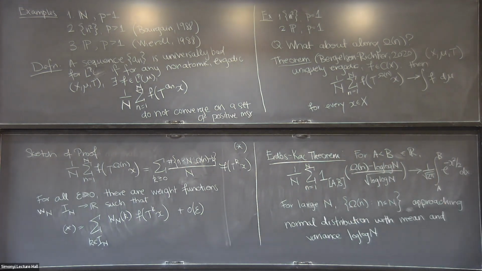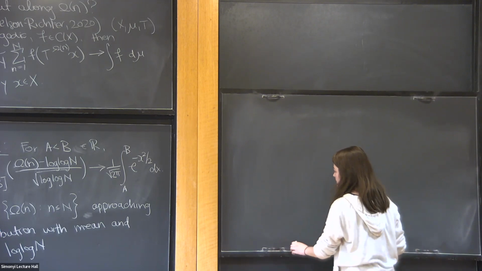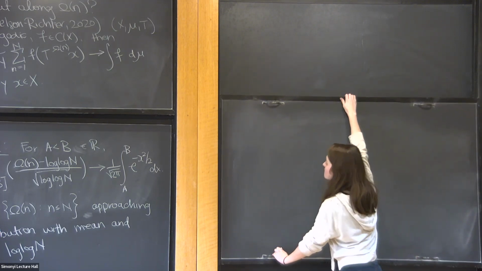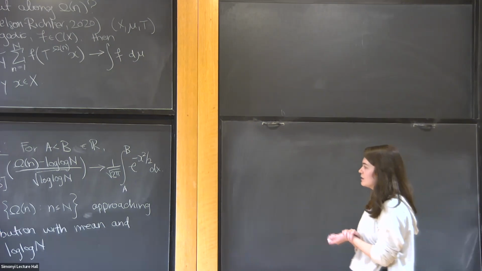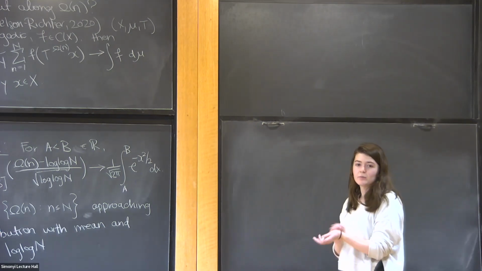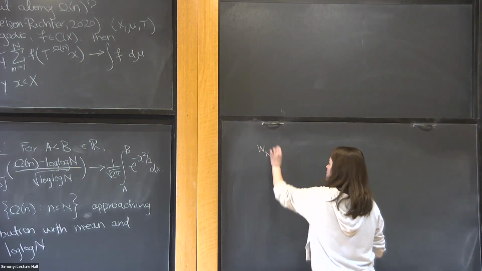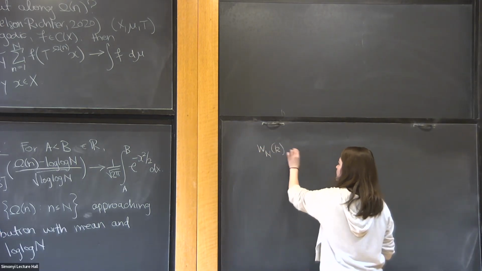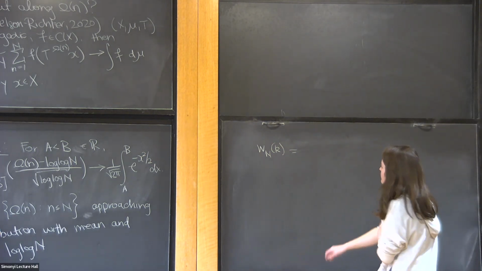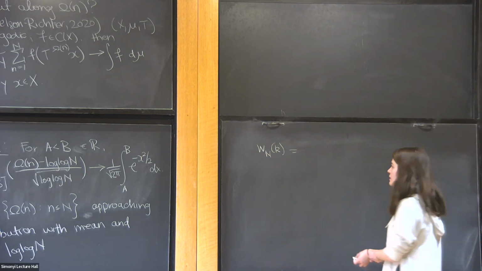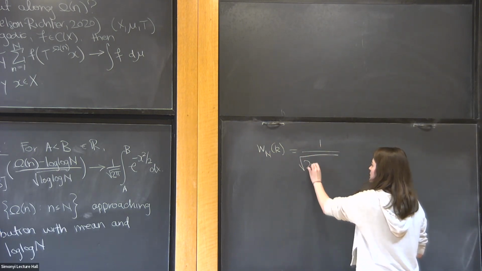And so the idea, I guess I didn't write on this board. So the idea is that the weight functions that we obtain follow the same principle. So our weight functions, Wn of k, are going to be Gaussian functions with mean and variance log n.